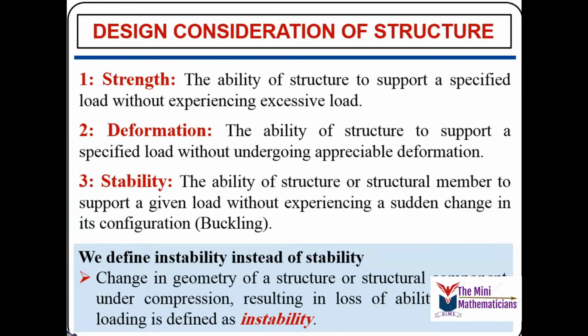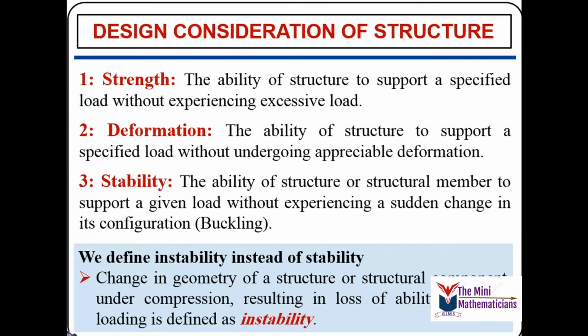Instability is the point at which the structural member loses its capability to sustain the load. So how can we judge instability? Instability can be judged by the change in geometric deformation, that is, a change in the geometry of the structure or structural component under compression, resulting in the loss of ability to resist loading.